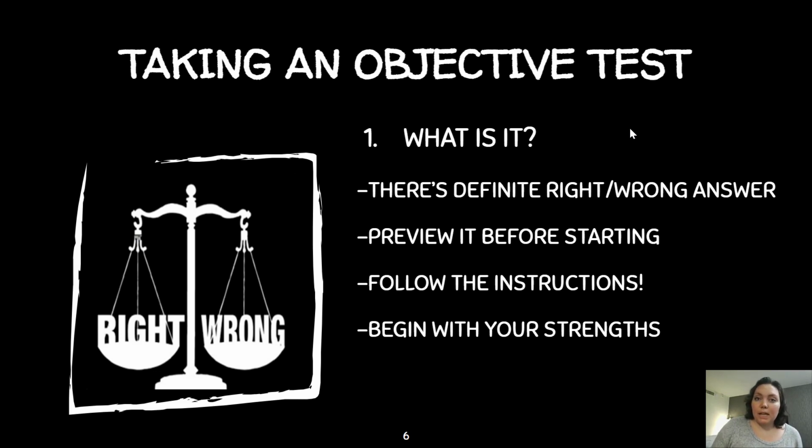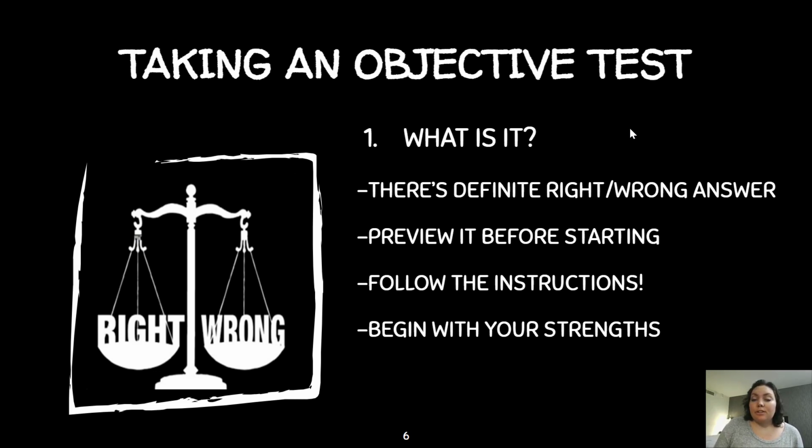Are there any fill in the blank? Something like that. Please make sure that you also follow the instructions. That's probably one of the biggest things that I see students struggle with when they take an objective test, is they miss very key instructions. Maybe for that overall section of the test, or maybe for that one question.